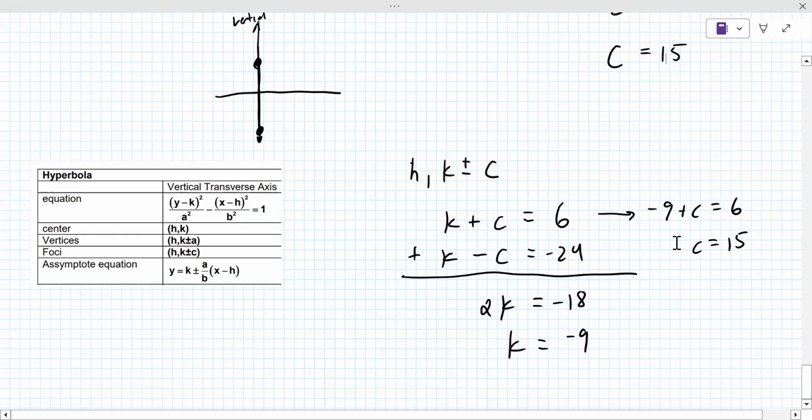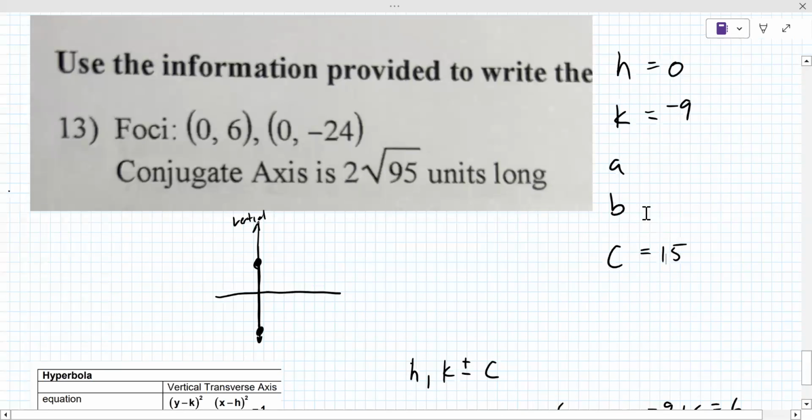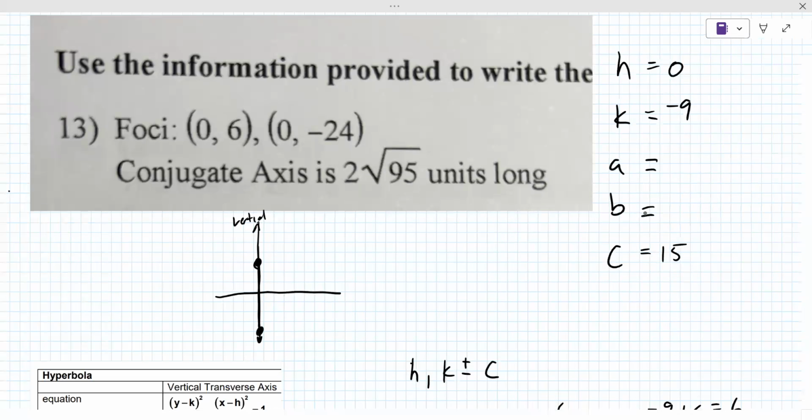The thing that is different from maybe the last time we did a lesson with ellipses is that we got an A and a B or an A and a C, I can't remember, but we could quickly find the other one. Here we don't have enough. We have to use this thing called the conjugate axis. And I have no idea what that is referring to.